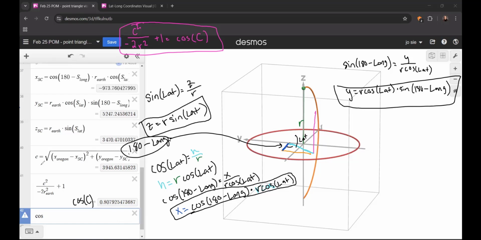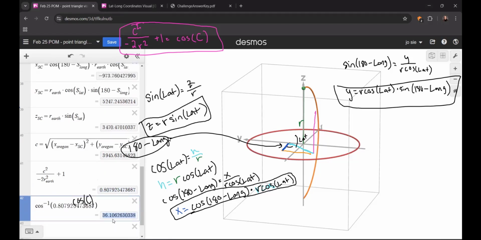So if I want to figure out what the angle is, I'm going to do cosine inverse of this number. And what we get is about 36.1 degrees, which is the same angle that NASA got with their formula. So we have our 36.1 degrees.